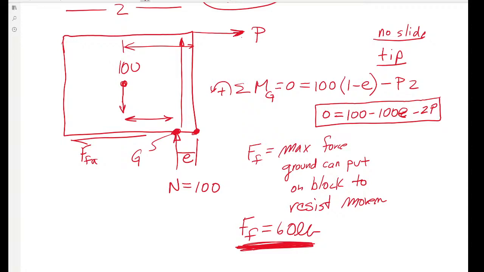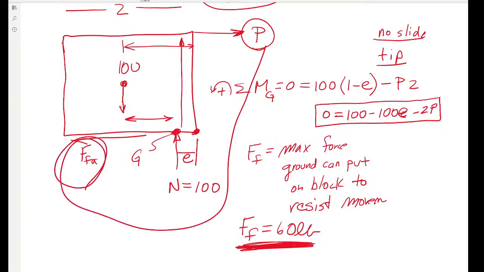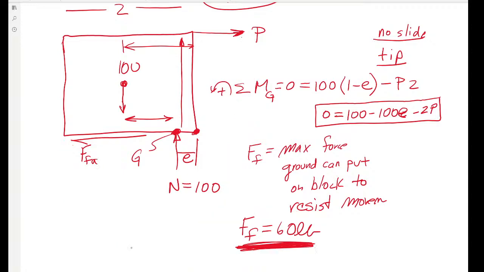If it was 60, that means this would resist it with 60, which means that's the maximum it can resist. So I could put in 60 here. So minus 2 times 60 becomes 120. And now I've got this other 100. So it gives me minus 20.